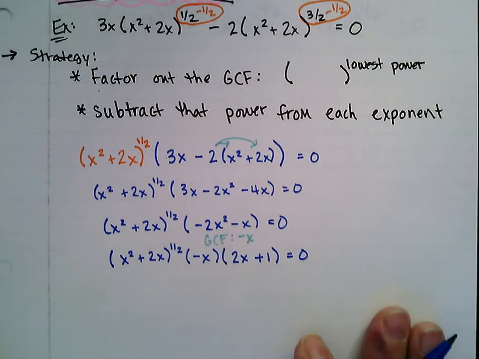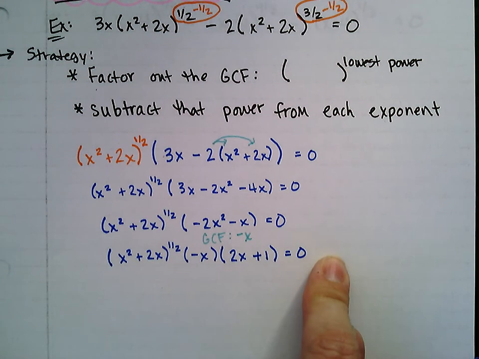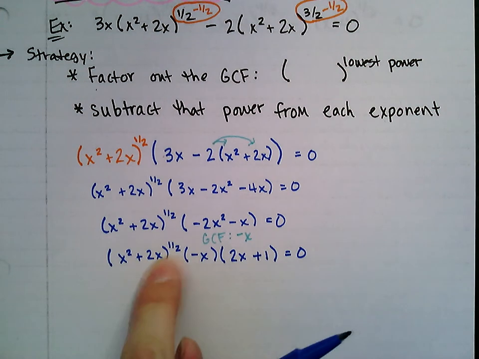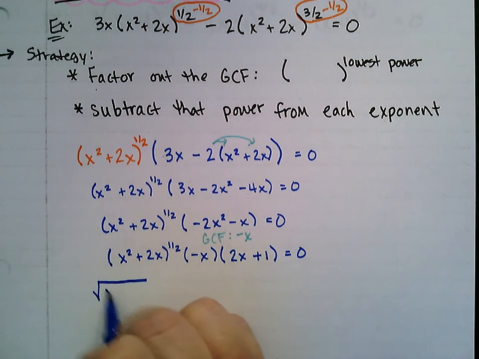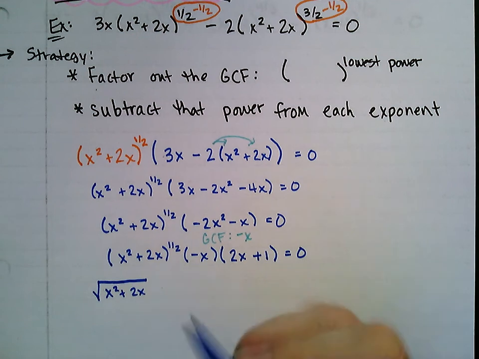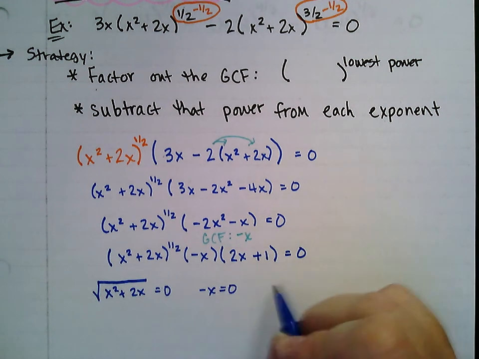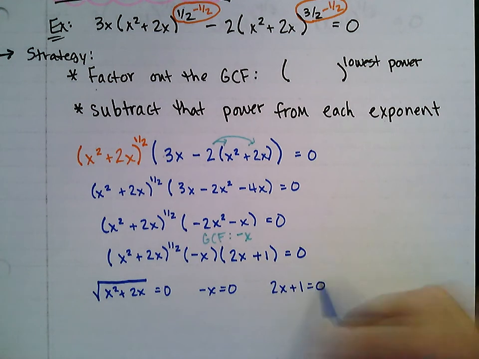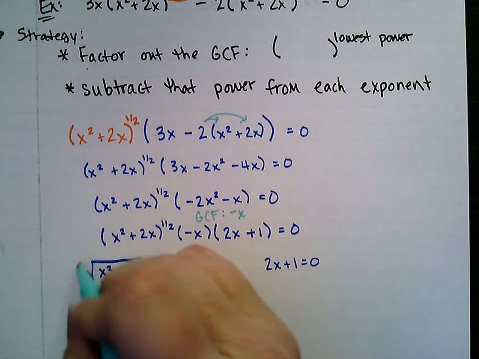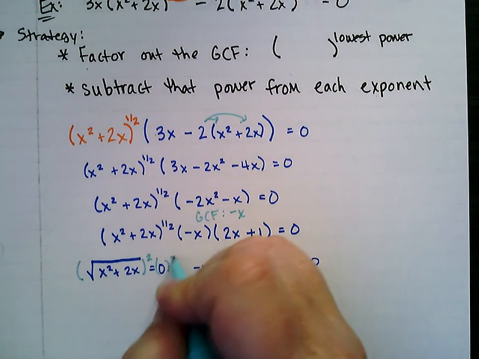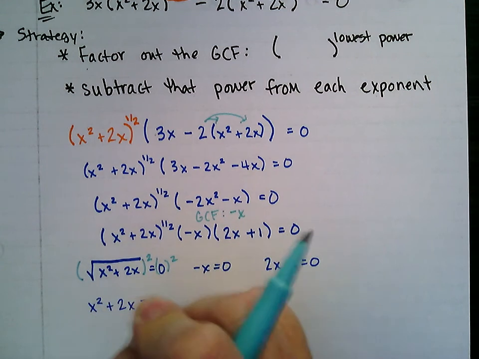Okay. Now we can solve because I have this times this times this equals 0. So remember that the power of 1/2 really means a square root. So we have the square root of x squared plus 2x equals 0, negative x equals 0, and 2x plus 1 equals 0. When we solve each of those, for this first one, I'll square both sides. That gives me x squared plus 2x equals 0.